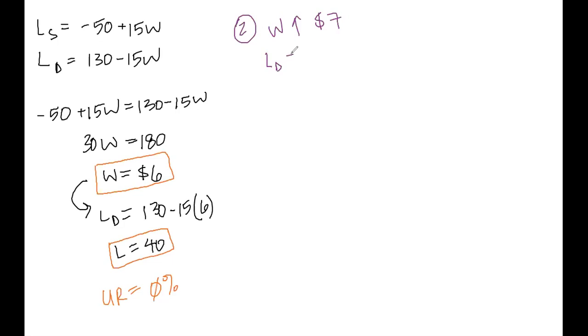So labor demand equals 130 minus 15 times 7. So this comes out to be labor demand equals 25. And then compared to the original 40, we can see that 15 people lose their jobs.